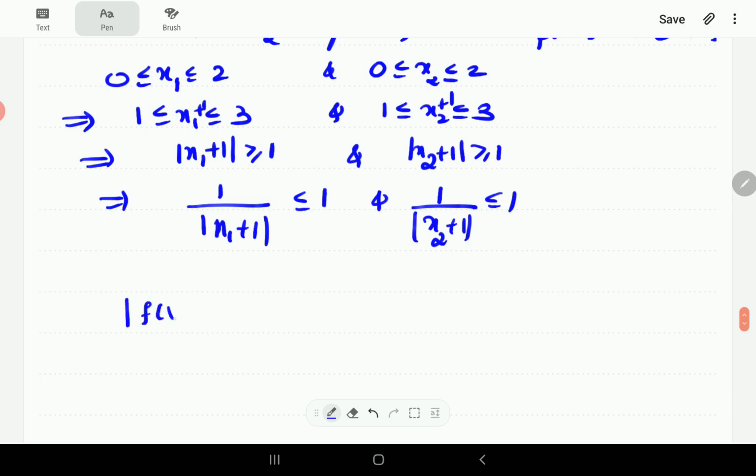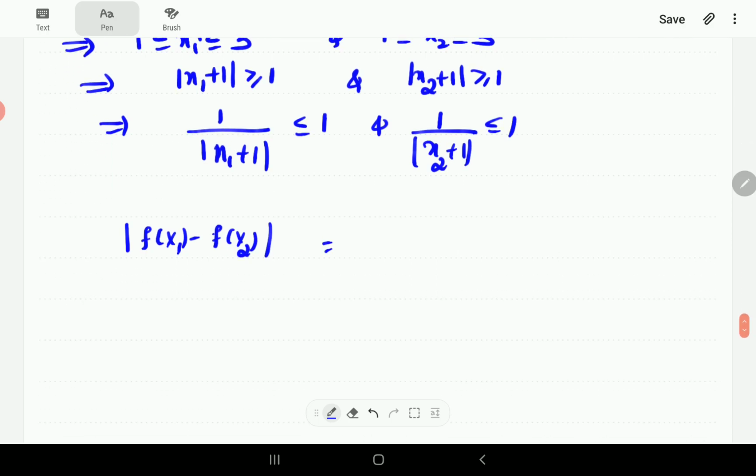Now I want the definition of uniform continuity. It says f of x1 minus f of x2. So what is your f of x1? Because f of x is x by x plus 1, f of x1 will be x1 upon x1 plus 1, and f of x2 will be x2 upon x2 plus 1.